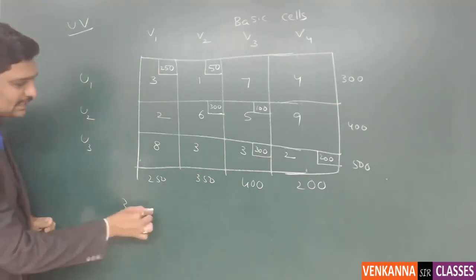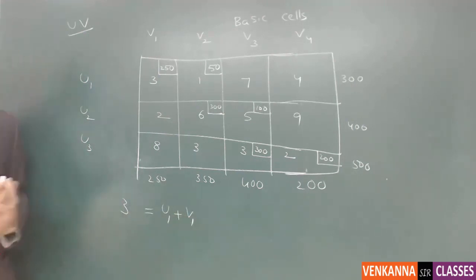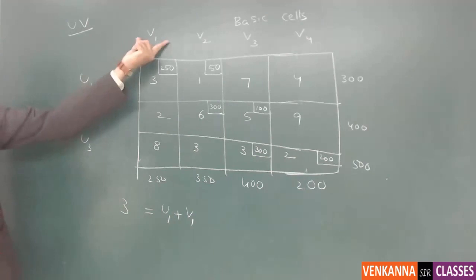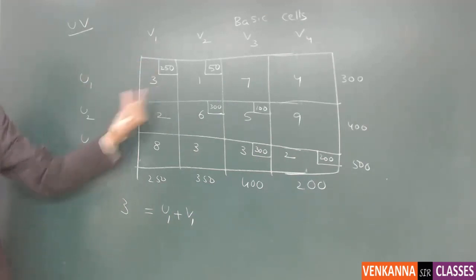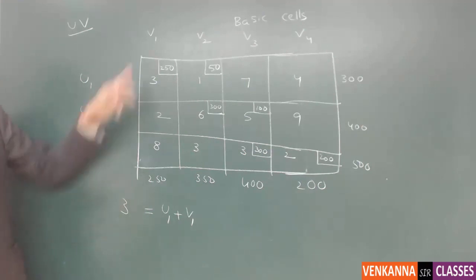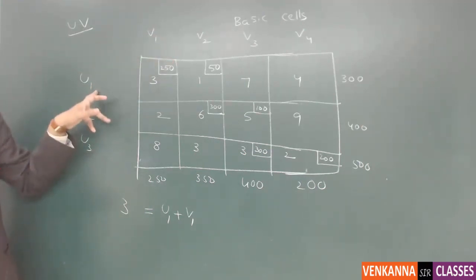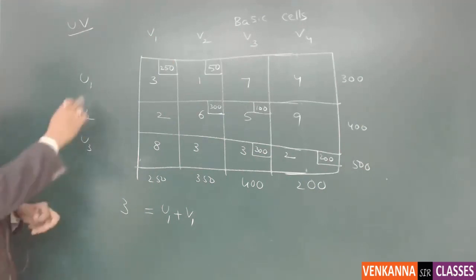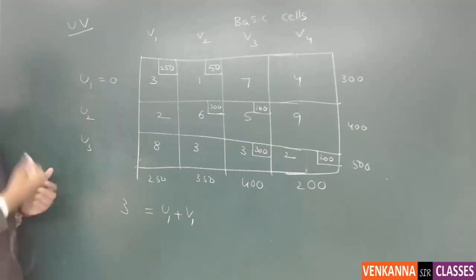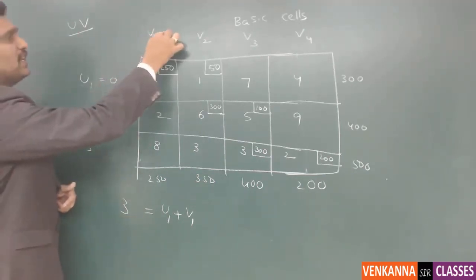So 3 is equal to U1 plus V1. That means the row value plus the column value is equal to the cost of the cell. Now you can choose either V1 is 0 or U1 is 0. In general, U1 will be taken as 0, and to balance the equation V1 is equal to 3.